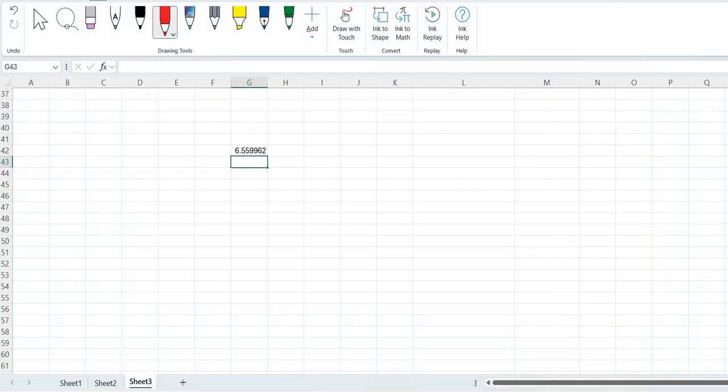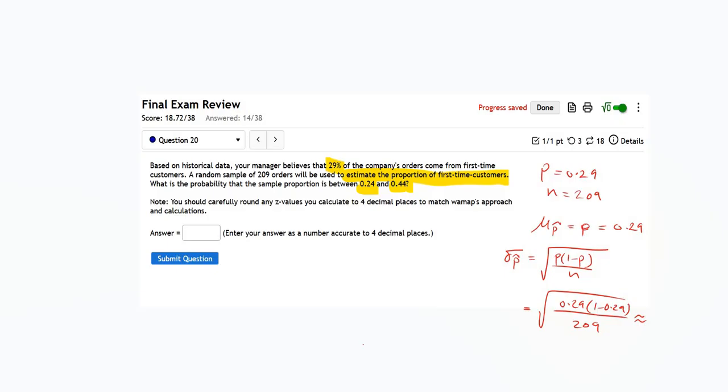Let's say 6.56, rounded to 2 decimals. Of course, I'm not going to round when I compute the probabilities. However, I'm writing it here so you can see it.